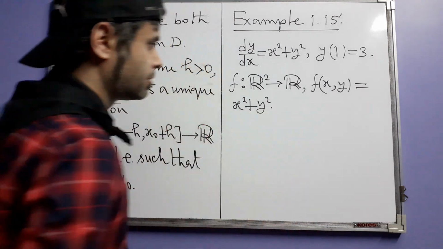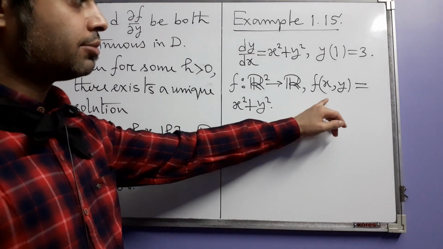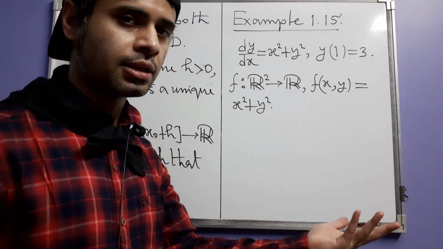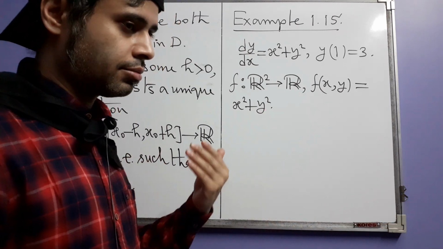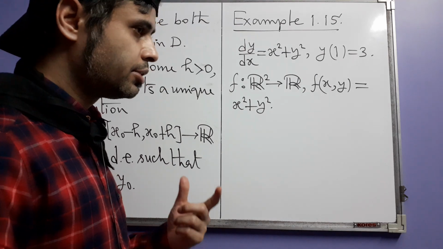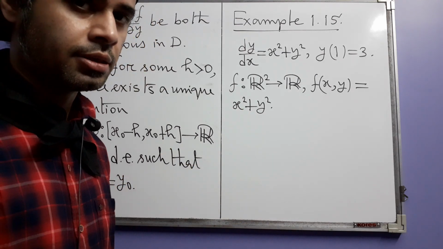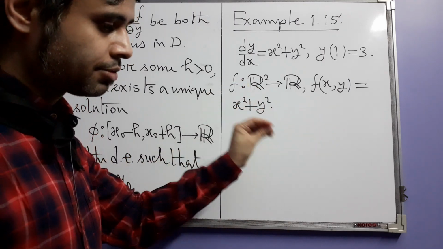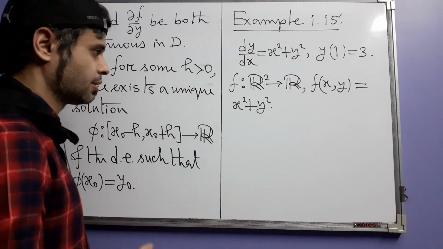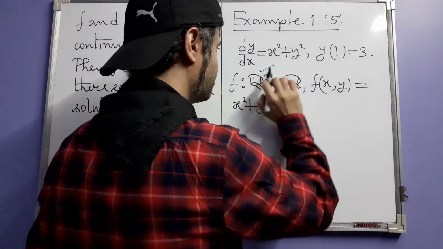And is f continuous? Yes, f is continuous. To prove continuity of f, either you use the several results that you have about continuous functions between Euclidean spaces, or you just directly note that this is a polynomial function in x and y and such functions are continuous. It is a fact, okay, it is the result in fact in itself. So, this is a continuous function and that too at every point of R2.